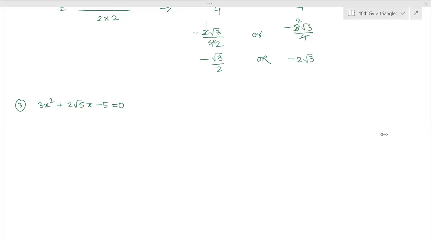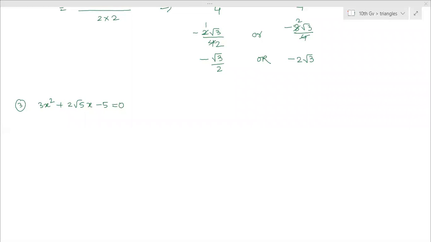Ma'am, are they root 5 by 3 and minus root 5? Root 5 by 3 and minus root 5. Yes, right. Ma'am, what's the answer?